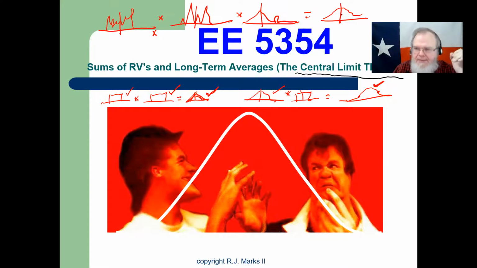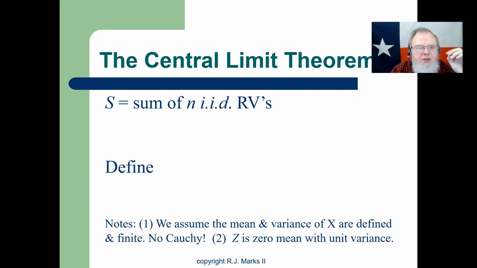I think it's an astonishing result, but one which is used everywhere they use statistics, like in the social sciences and other places. So let's talk about the sum of N IID random variables. This is the idea we're going to do. We're going to talk about the sum of x sub k.